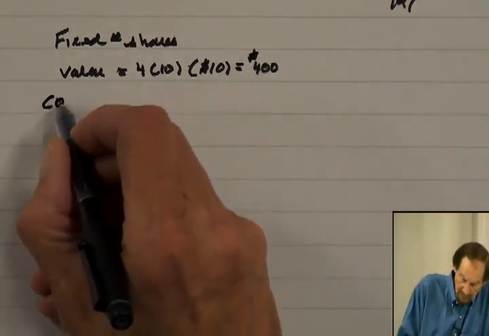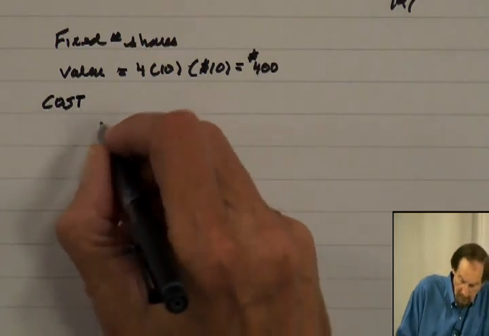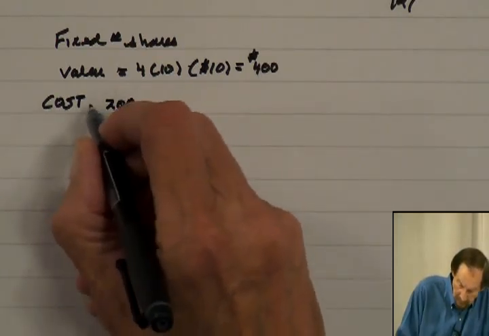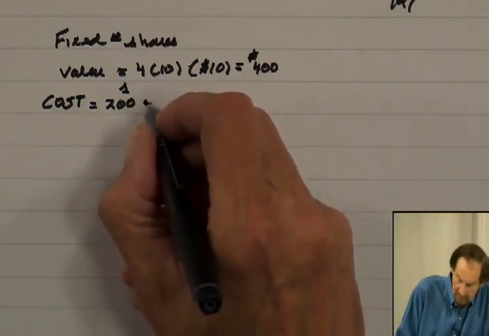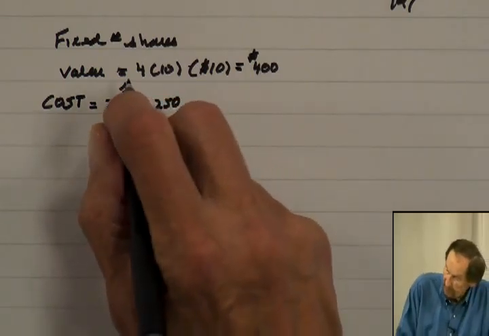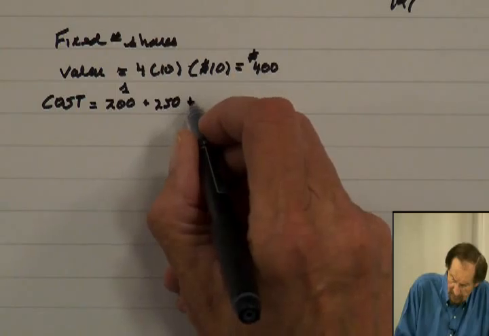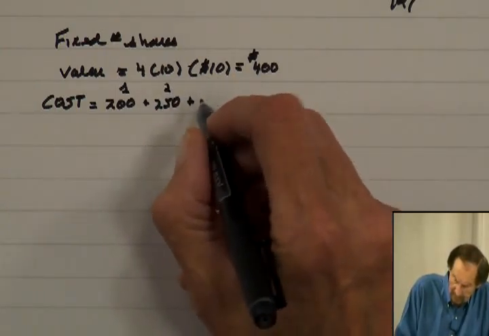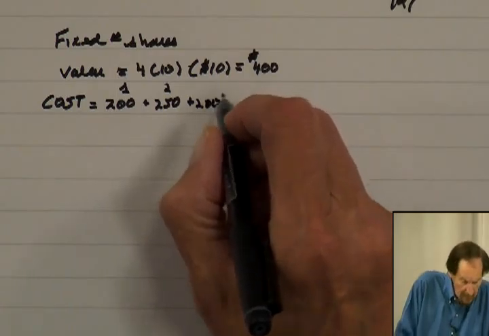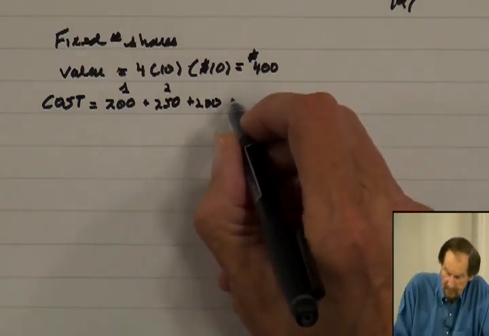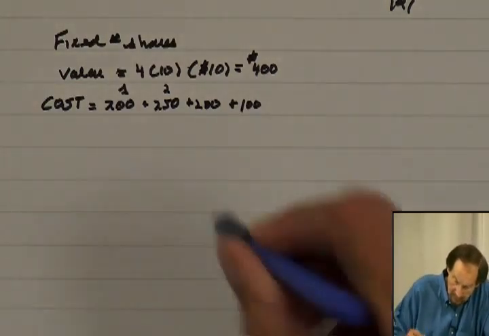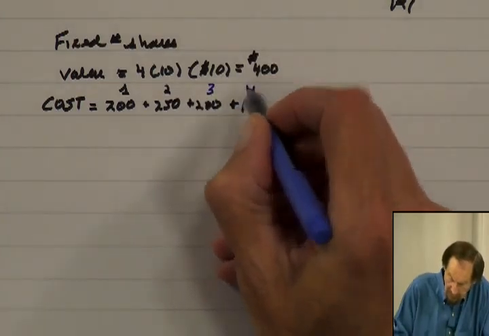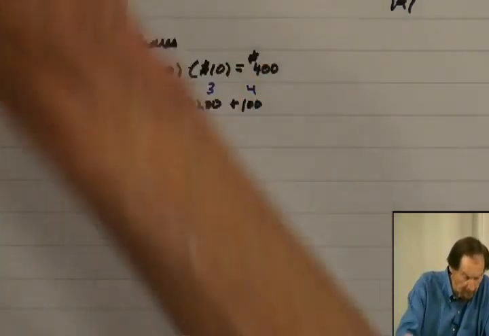And our cost is what? The first month is 200. This is month 1. The second month is 250 because the shares cost $25. The third month is $200 again, and the fourth month is only $100. So our total cost here is $750.